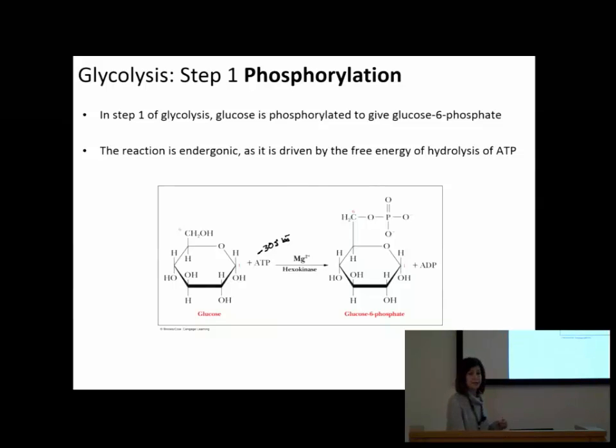Now this is sufficiently exergonic that the arrow goes one way, meaning that the products are lower in energy than the reactants. Remember, every molecule has an internal amount of free energy, delta G of formation. Remember that from general chemistry? And so these two molecules, our glucose 6-phosphate and our ADP, have a sufficiently lower delta G of formation than our reactants, creating a situation where this reaction is irreversible.